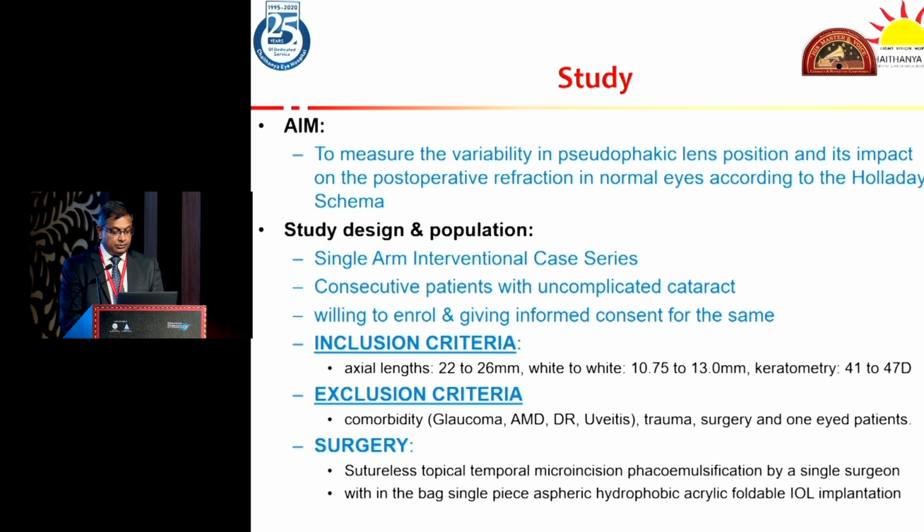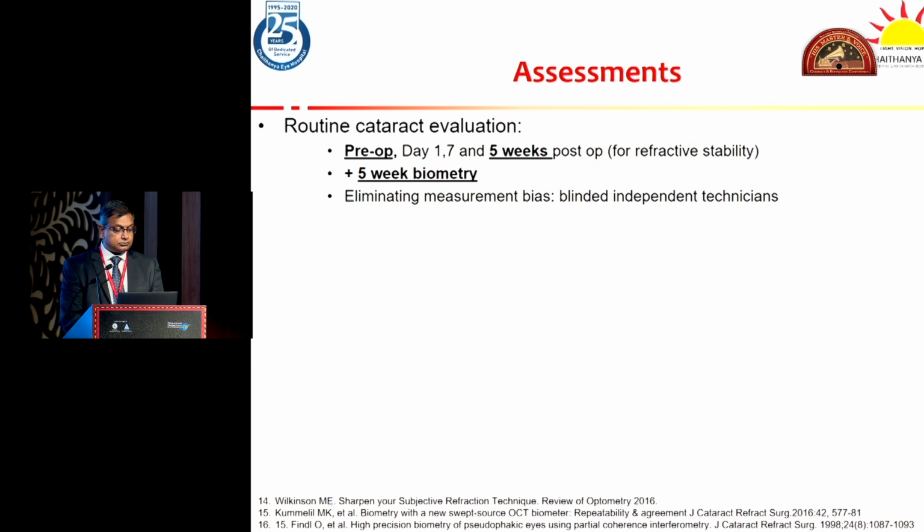Exclusion criteria were comorbidities, trauma, prior surgery, or one-eyed patients. Surgery was always a temporal phaco by a single surgeon with the IOL in the bag. Routine post-op evaluation was at 1 week, 1 week and 5 weeks, and data for analysis was the pre-op and the 5-week post-op refraction.